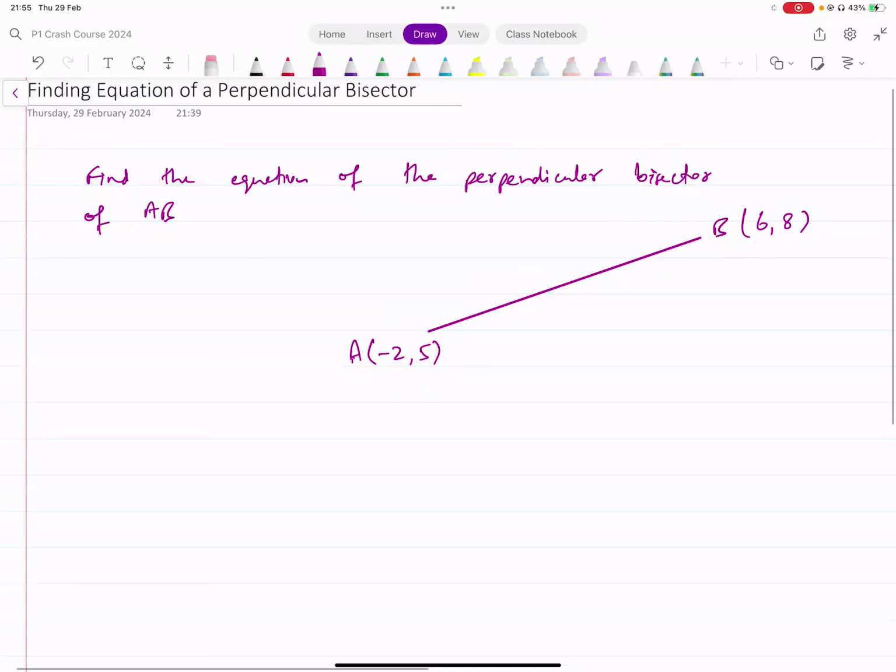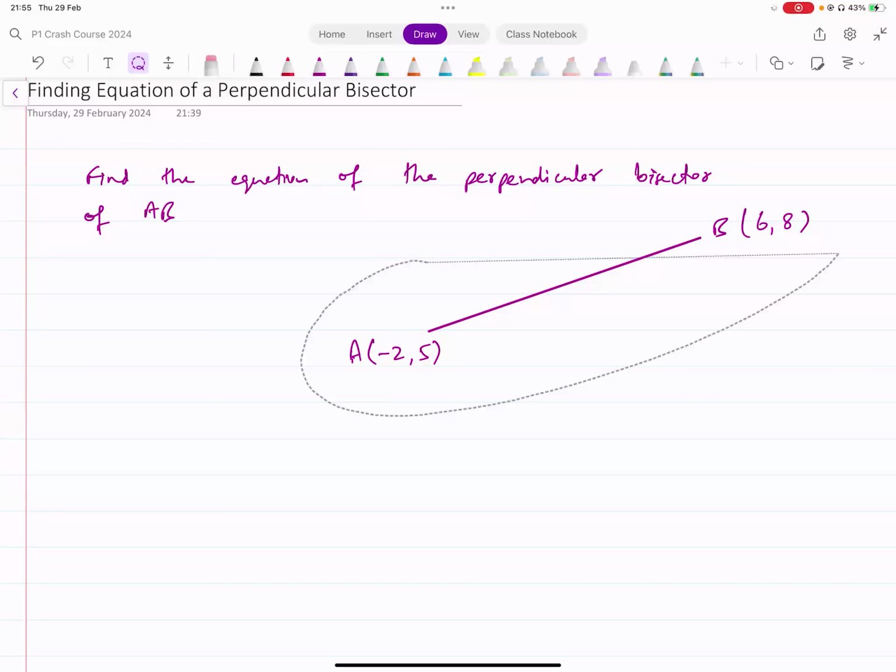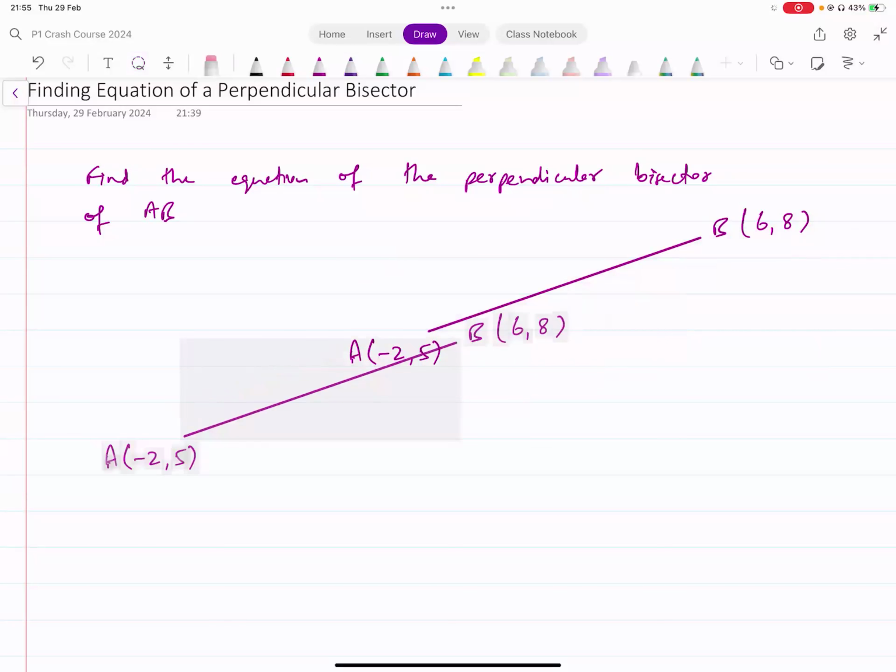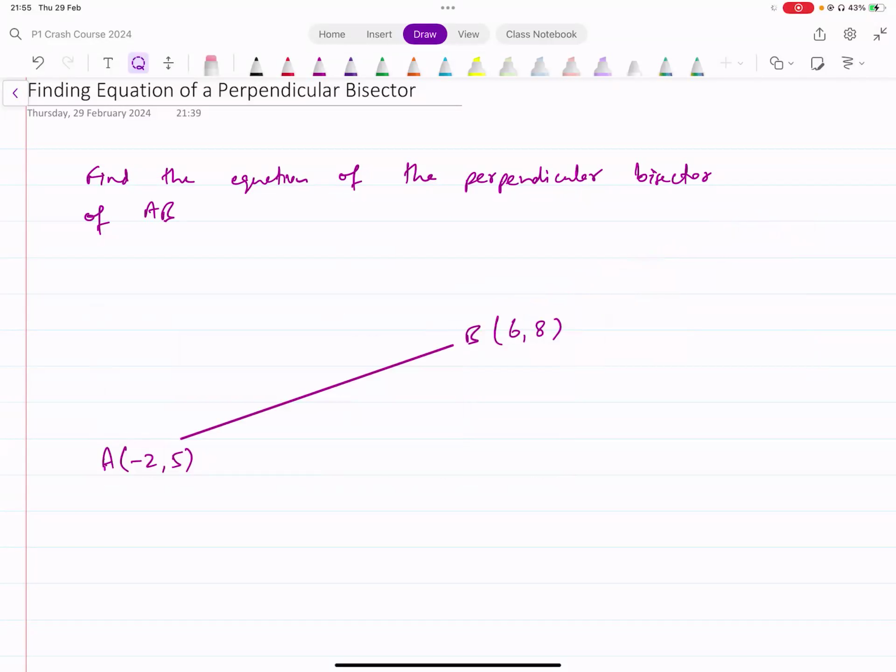Okay, we have the coordinates given on the diagram. We want to find the equation of the perpendicular bisector. Now, what is a perpendicular bisector? Perpendicular means the angle that this line would make with AB is going to be 90 degrees. And bisector means it cuts that line at the midpoint.